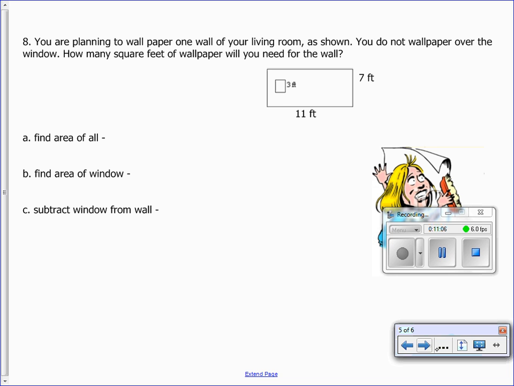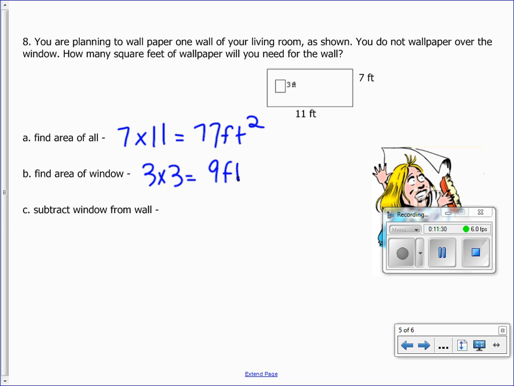Well, the first thing you're going to determine is the area including the window. So you remember area, you take the length times the width. So that would be 7 times 11, which is going to equal 77 feet squared. Then find the area of the window, which will be 3 times 3, and that's going to equal 9 feet squared.